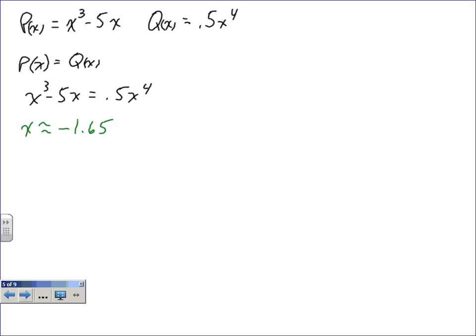And it does intersect at 0. And this says if I put in 0 for x, these two will be equal to one another. If I put in negative 1.65, they will be equal to one another. All right, or pretty close. We approximated the negative 1.65.